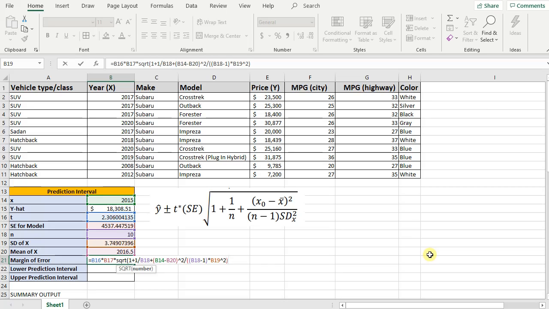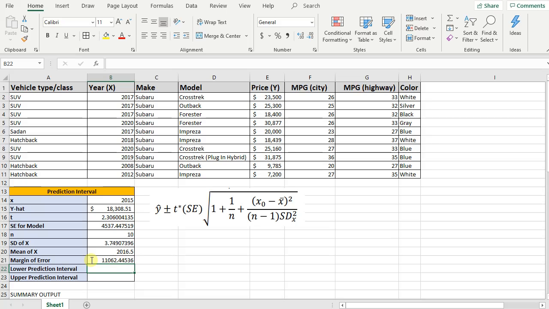That closes the parentheses on the denominator, that closes the parentheses on the square root.